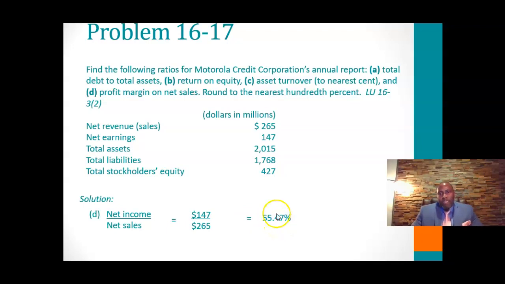So what we're saying here is that our net sales represent a profit. So 55% of our net sales represent a profit for the actual business. So for every $1 in net sales, we earn a profit of roughly 55 cents, which is pretty good. So this shows your net income divided by your net sales.